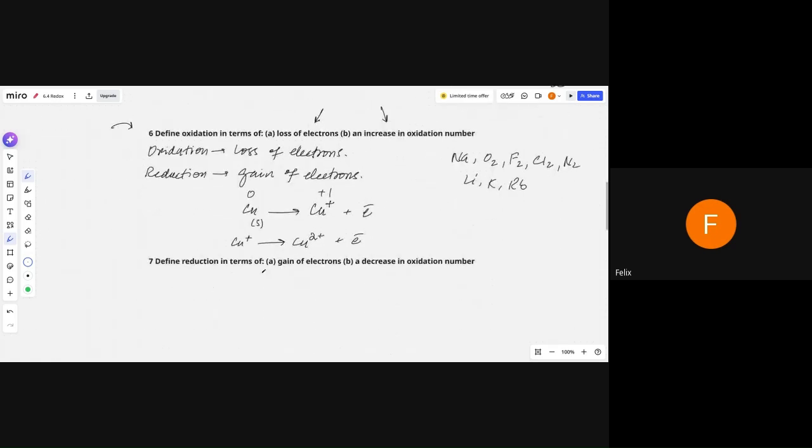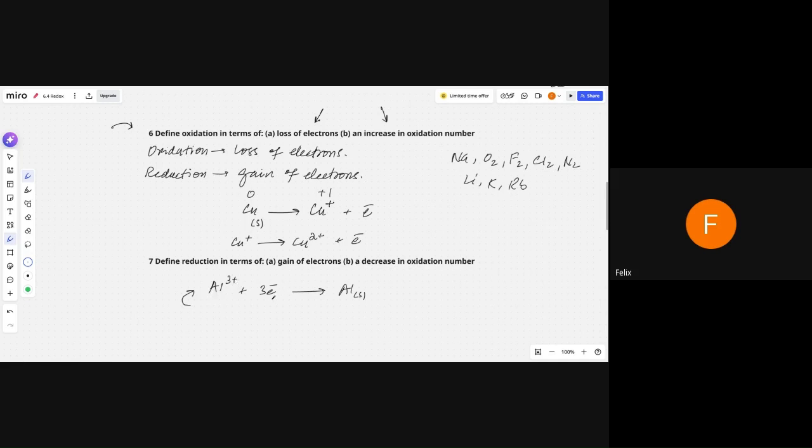Reduction in terms of gain of electrons or a decrease in the oxidation number. Now look here. Let's say we have aluminum 3+, and it gains 3 electrons, right? So it's going to change into neutral aluminum. The oxidation number for a monovalent ion is equal to the charge of that ion. So aluminum is in the form of 3+, so the oxidation number of aluminum on the reactant side is +3.